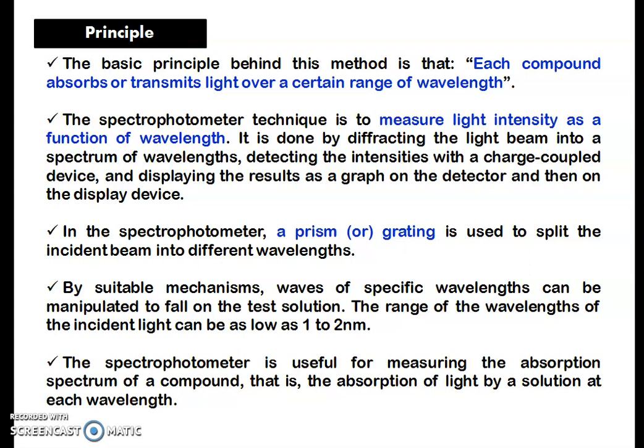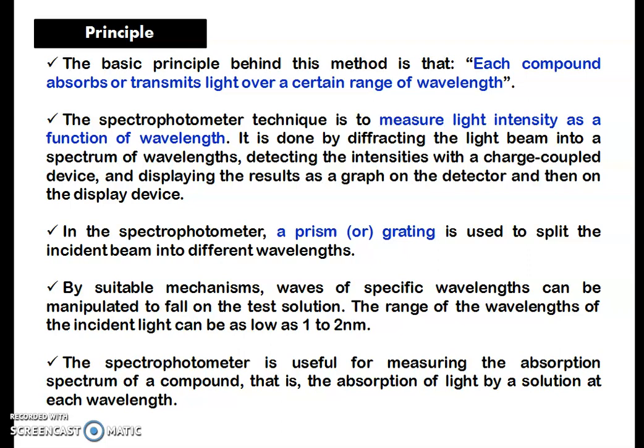That means the spectrophotometer diffracts the light beam into its component wavelengths, and detects the difference in the intensity of the transmitted light, which is detected by the charge-coupled device, and the results can be obtained as a graph on the detector, or we can measure on the display device.